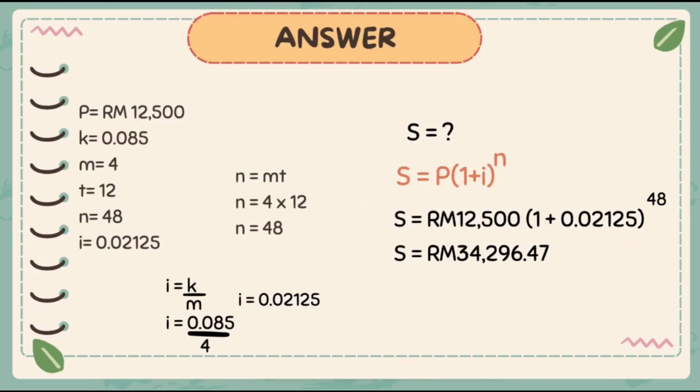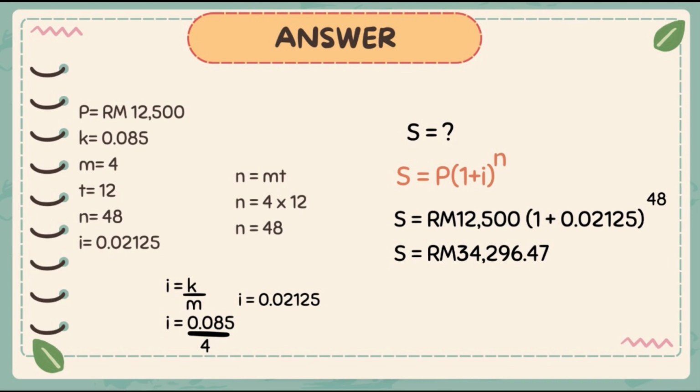Based on this question, we will use the future value formula and compound interest formula, which is S equals P in bracket of 1 plus I powered by N, and I equals S minus P. The input for this question is P equals 12,500, K equals 0.085, M equals 4, T equals 12.